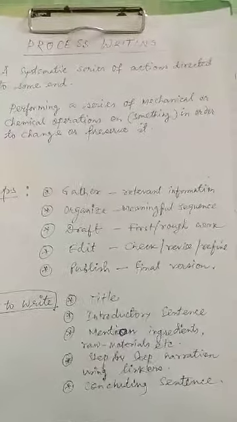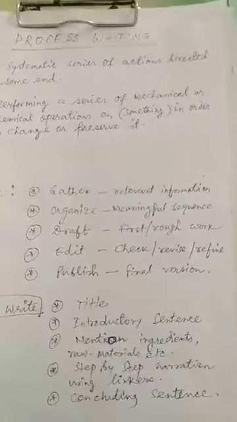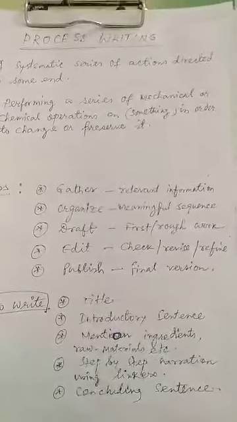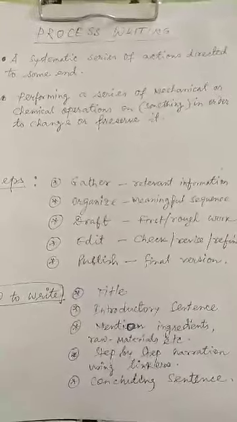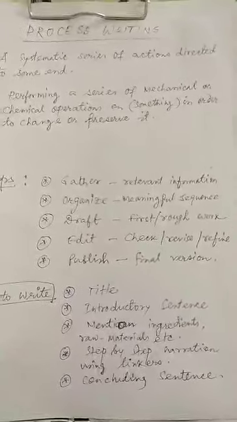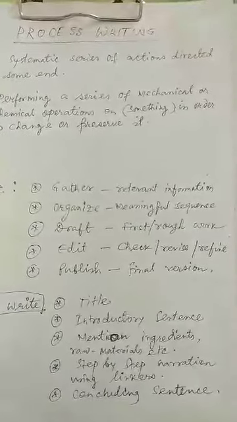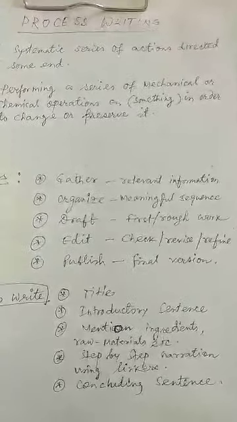At first, gather relevant information, then organize meaningful sequence, then draft work is made, first rough work, then editing is done, check, revise and refine the context, and publish the final version.